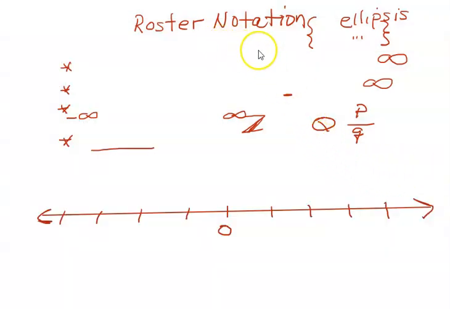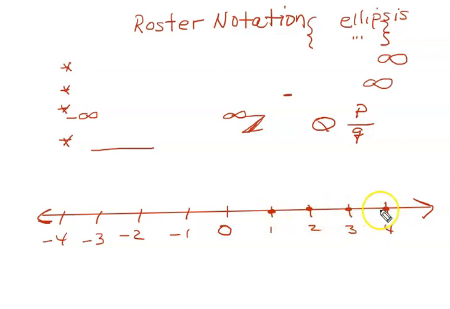Now, if we were to graph natural numbers on the number line, it would look like this. And what we would do is have them numbered 1, 2, 3, 4, -1, -2, -3, -4. This is the number line. So to graph natural numbers, we just put dots at 1, 2, 3, 4.